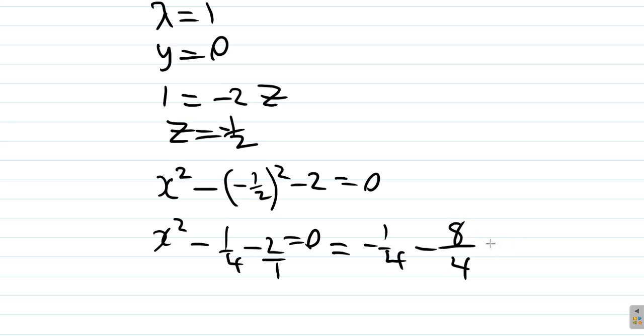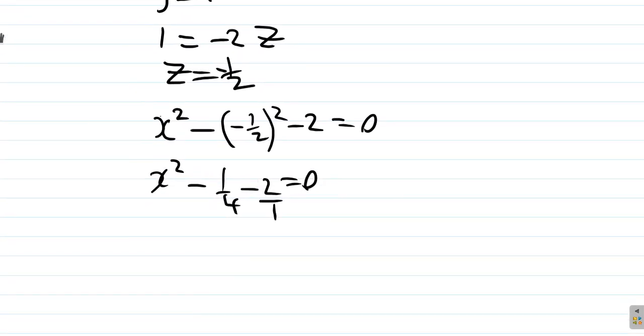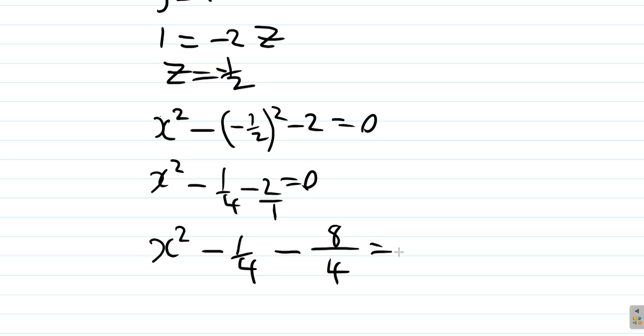So x squared minus a quarter minus 8 over 4 equals 0.